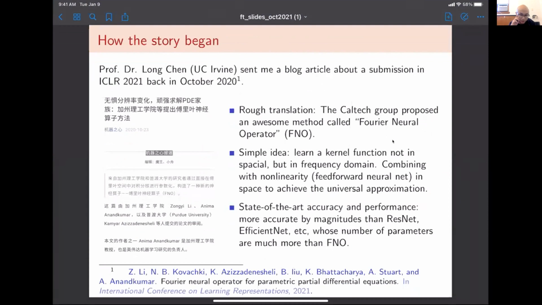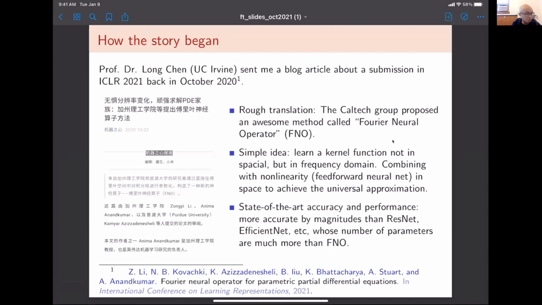I said, okay, sure, why not? So I read their paper, and I re-implemented their code. I was totally blown away. I thought it was a simple idea. I'm just curious why people haven't realized it earlier.